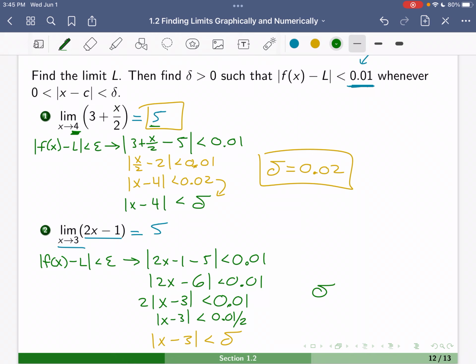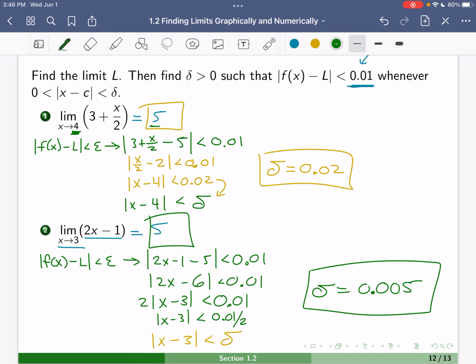So delta is half of 0.01, so 0.005 is our value of delta. And on that problem, again, our limit is 5.